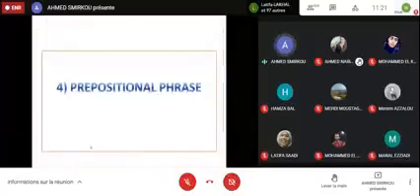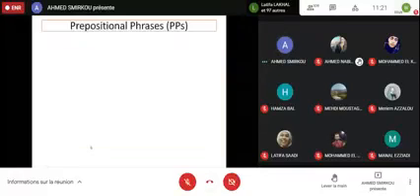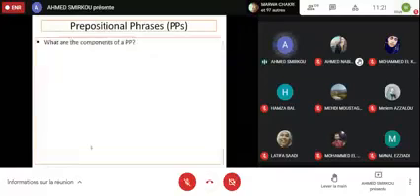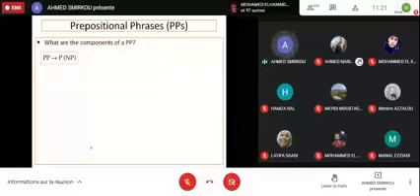Now the prepositional phrase. A preposition is always followed by a noun phrase. Take any example: between the houses, at home, in the university, about 5 o'clock.